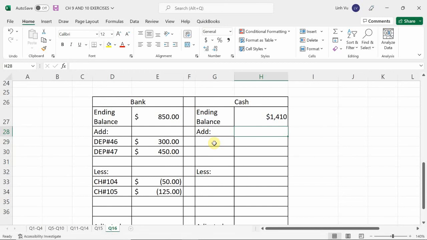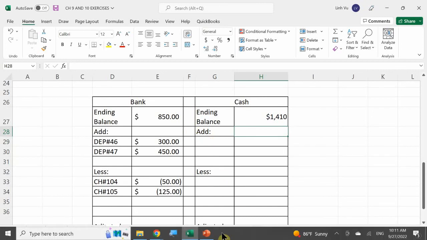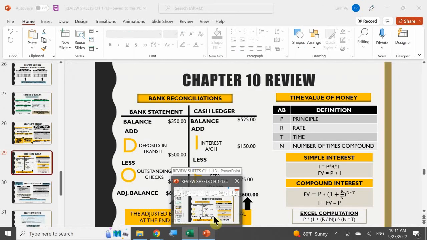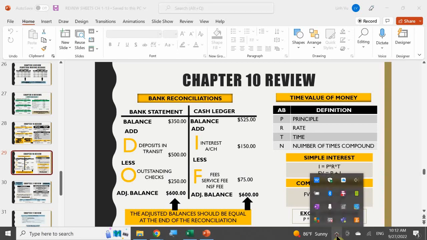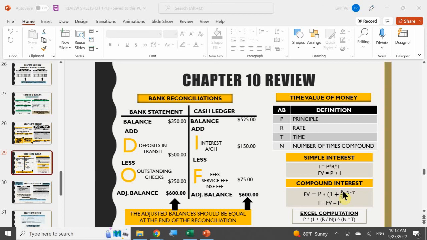Now, how do I adjust my side? What does the bank know that I don't know? Interest and fees.